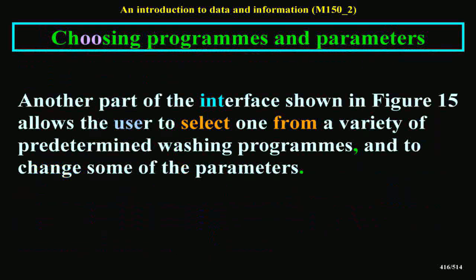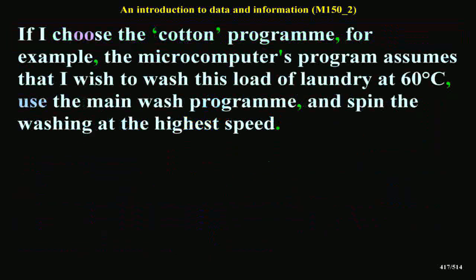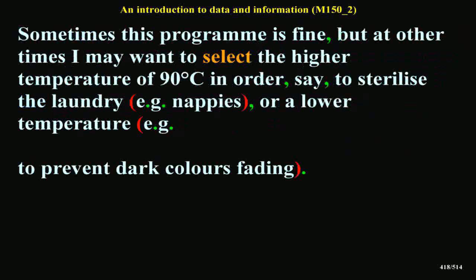Another part of the interface shown in Figure 15 allows the user to select one from a variety of predetermined washing programs and to change some of the parameters. If I choose the cotton program, for example, the microcomputer's program assumes that I wish to wash this load of laundry at 60°C, use the main wash program, and spin the washing at the highest speed.